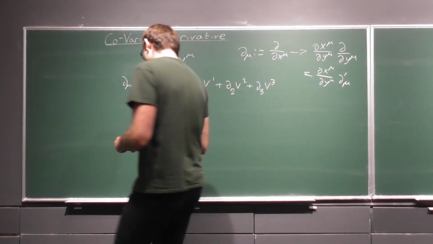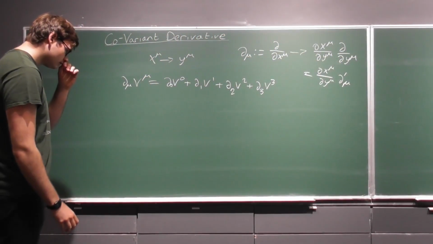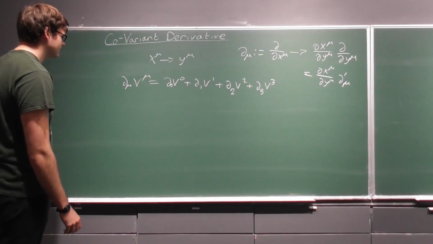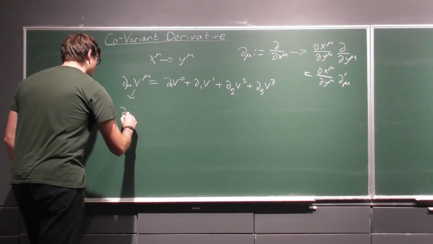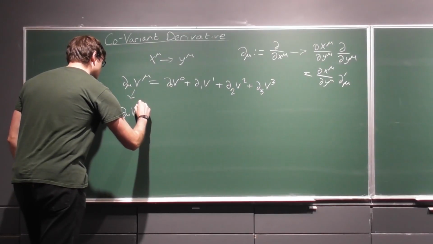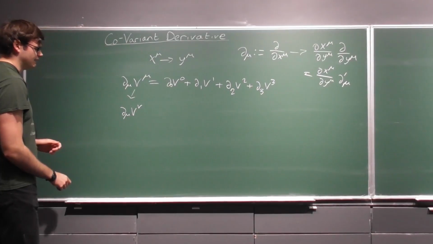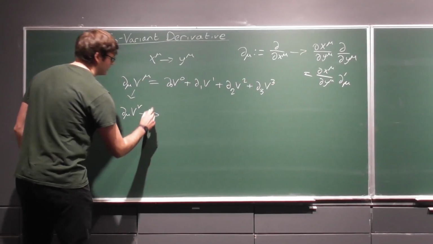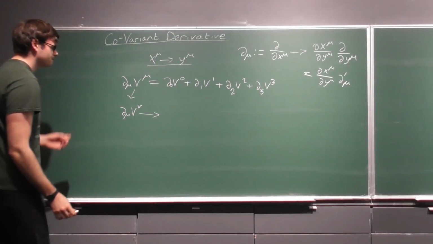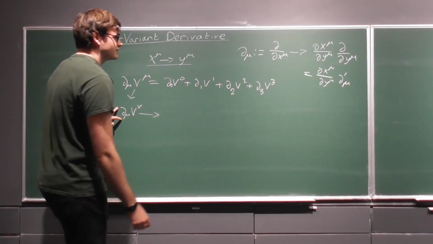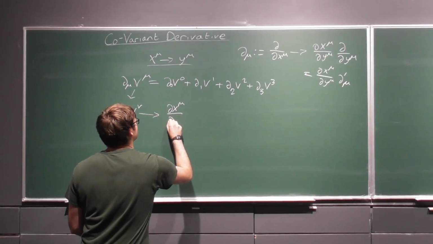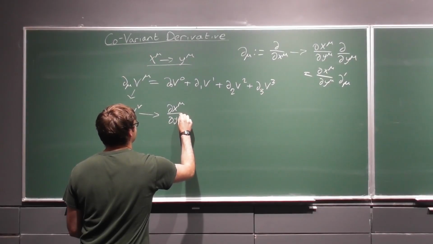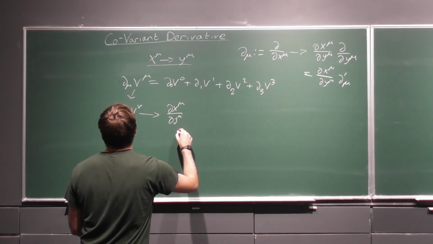But then we can check something. Let's look at this quantity. We can actually make this arbitrary, so let's just say it wasn't the same component. Now, what would happen under this coordinate transformation? Well, we know that the first one would behave like that. We get a partial x mu, partial y, let's go for alpha now, out the front.